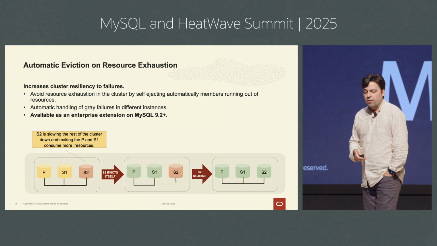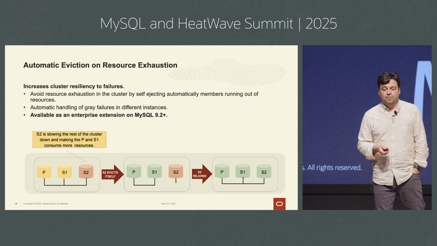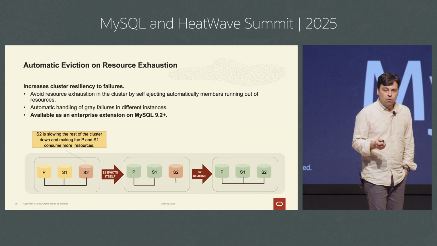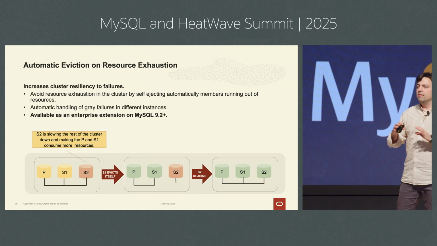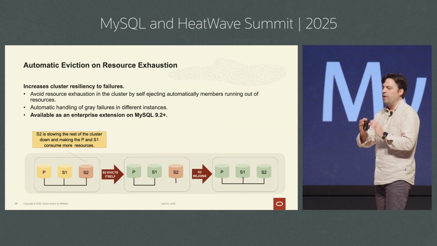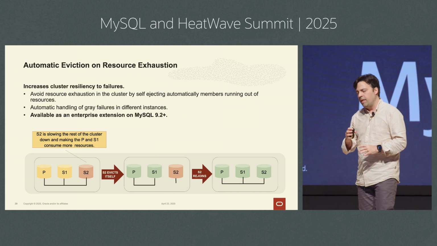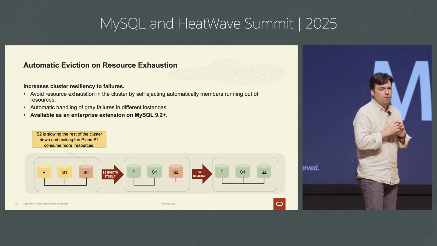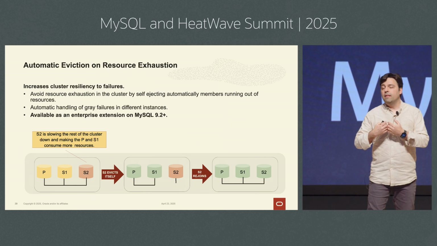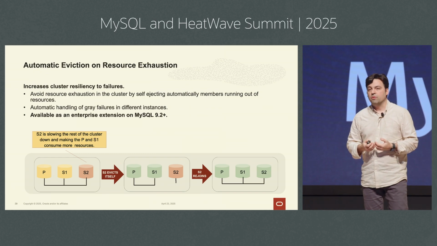So what we've also done recently is this: yes, we have flow control, but sometimes instances can go into a very unhealthy state where they misbehave and they start swapping aggressively, they get really slow, and then they slow down the entire cluster as well.